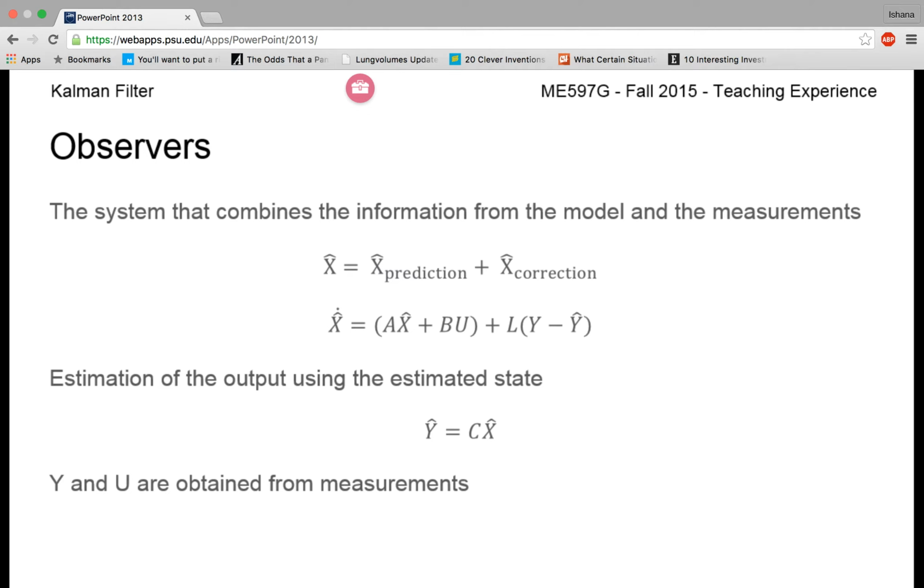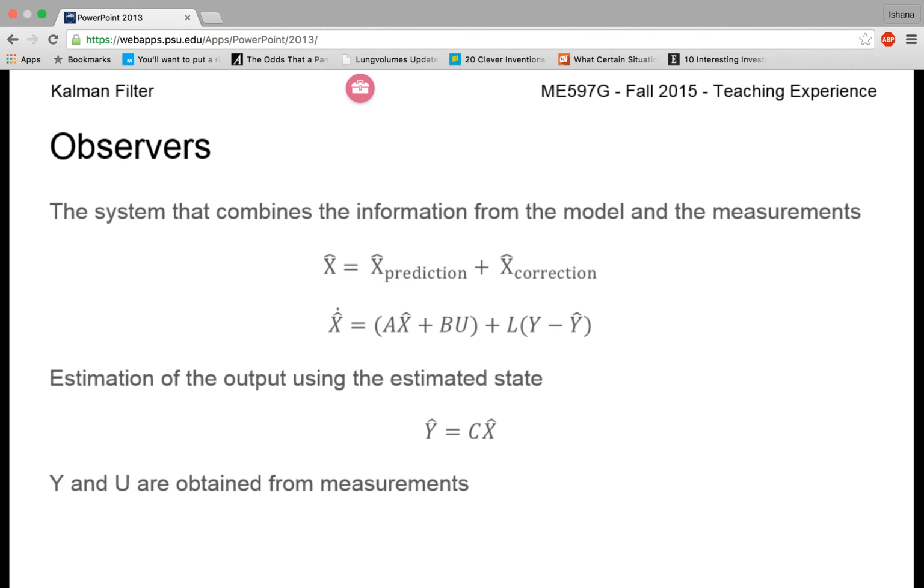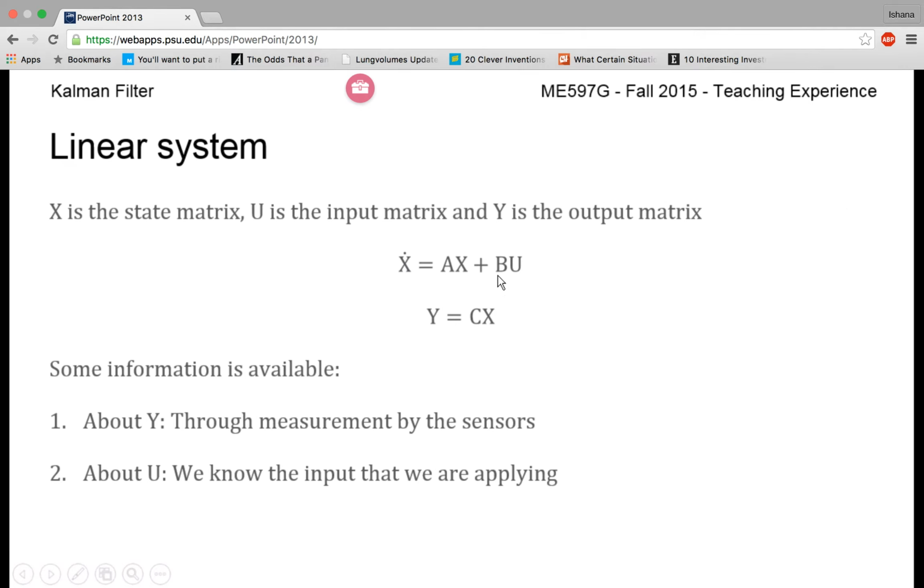So how we try to get the values of the state is by estimating. Coming back to this model, we start off with assuming that the state is at some given location. We call this x hat, x with the hat. This is the estimate of the state. Now, we say we do not know anything else about the state.